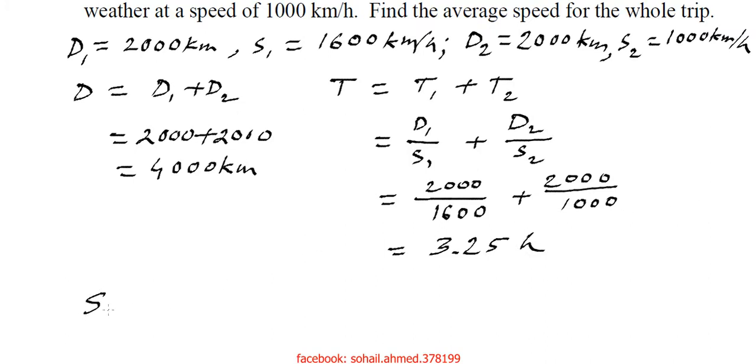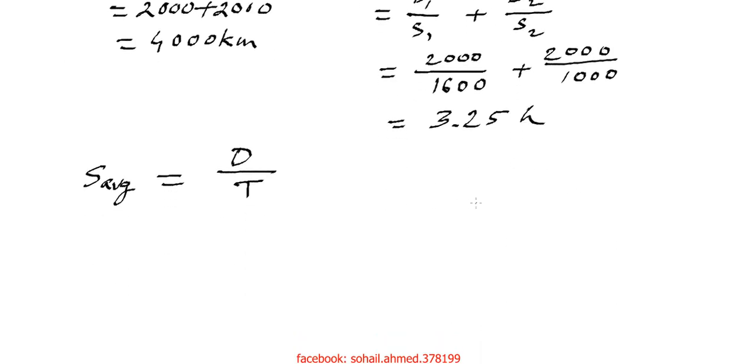Now average speed equals total distance by total time. So here total distance is 4000 km and total time is 3.25.